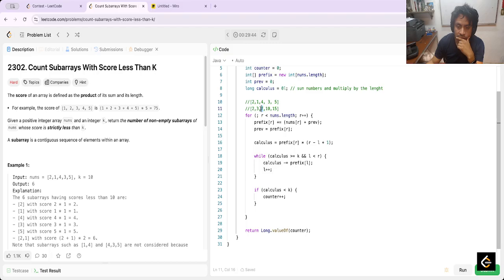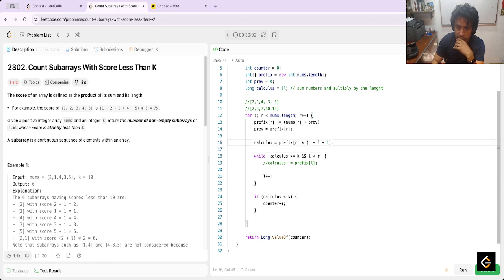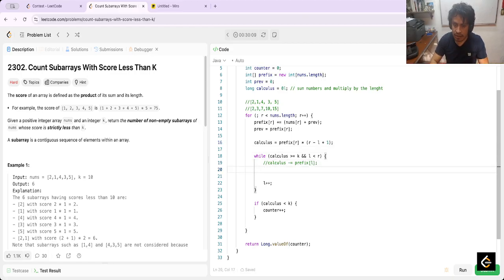Now, here is wrong. This is wrong. Here I need to do this calculus again. My idea for the calculus is equal to the prefix in the position r less the prefix in the position l, multiplied by the length.